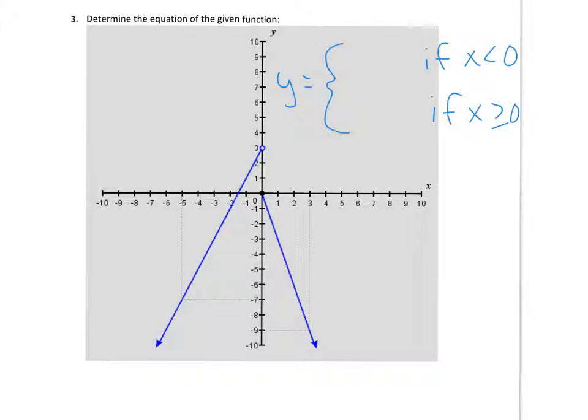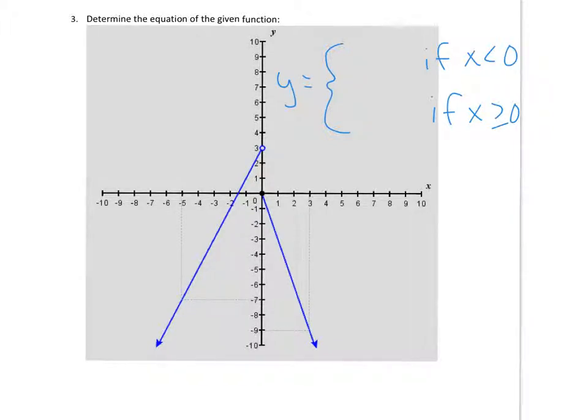So as far as the equation, since they're both lines, we know they'll be of the form y equals mx plus b. We just have to know what the y-intercept is and what the slope is. And it's pretty easy to see where the y-intercept is. In the line on the left, it's 3 and 0 for the one on the right. The slopes are a little trickier to figure out. I've put some dotted lines in to help me here.